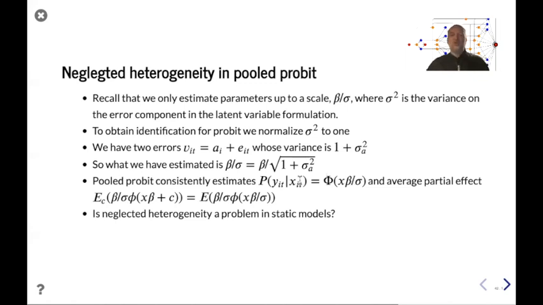Now, I'm neglecting the unobserved effect here, so this would be for an unobserved effect assuming C is equal to 0, for that particular individual. So this is not really the object of interest, but this is what we're consistently estimating.